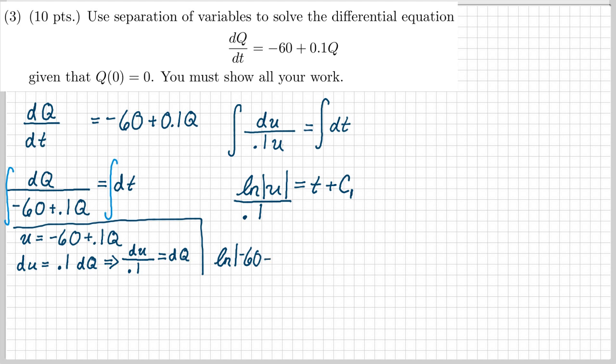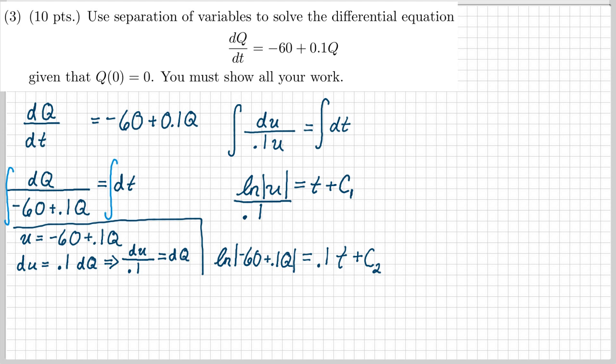And I get ln of, I plugged in what u equals, ln of negative 60 plus 0.1q equals 0.1t plus 0.1c1. But 0.1c1 is just some other arbitrary constant. So why would I write that? It's a new arbitrary constant. I'll give it a new name. I don't care. All right?